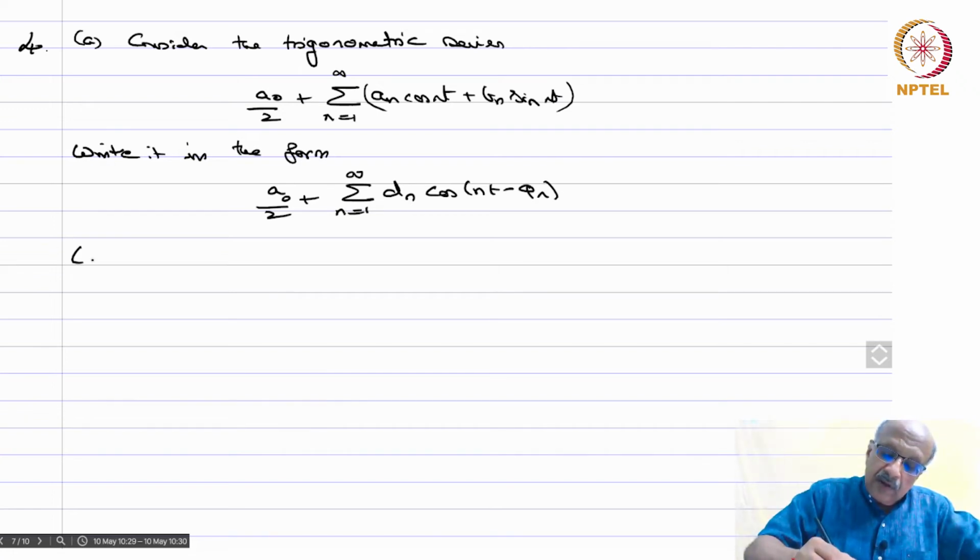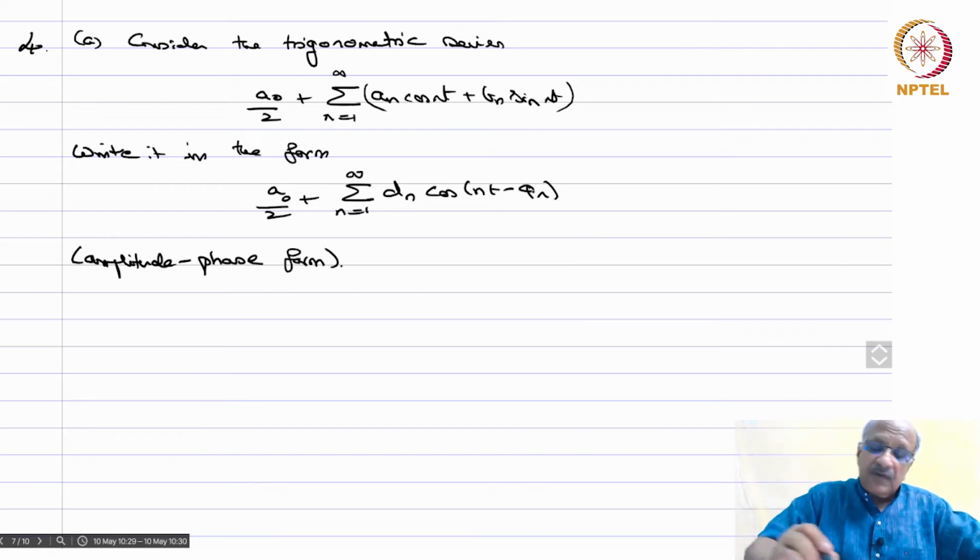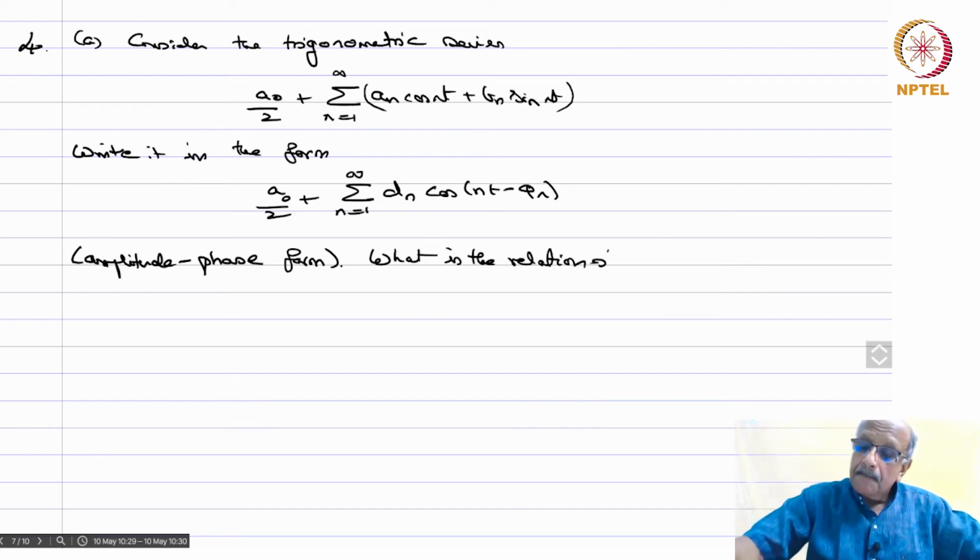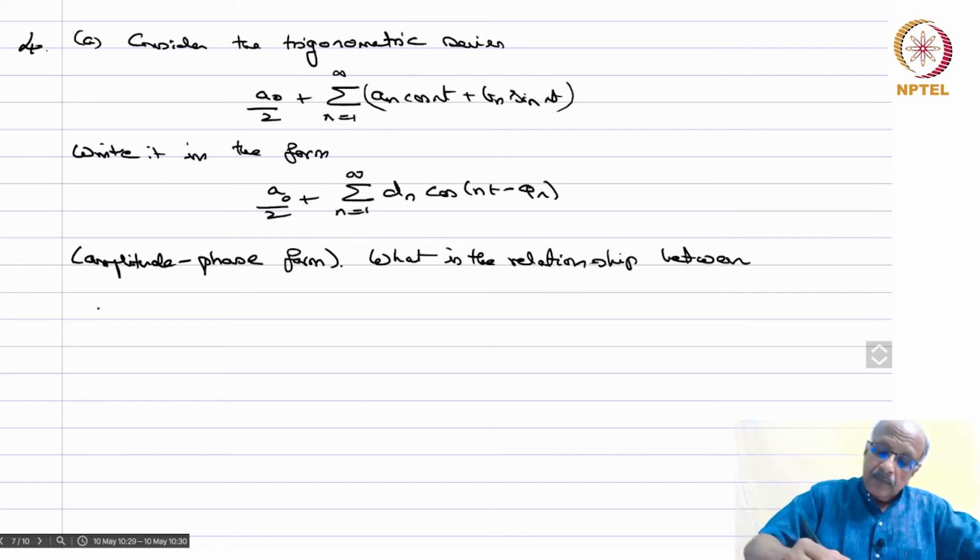So this is called the amplitude phase form. Amplitude is dn, phase is phi n. Okay, what is the relationship between an, bn and dn, phi n?